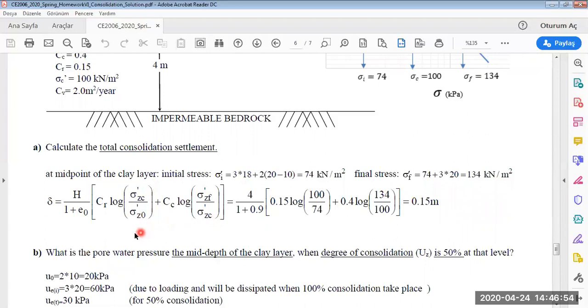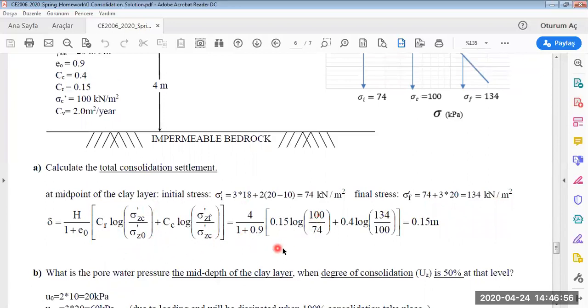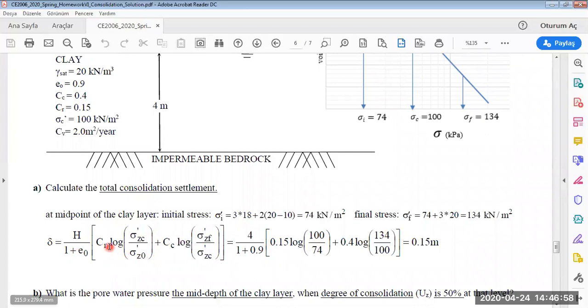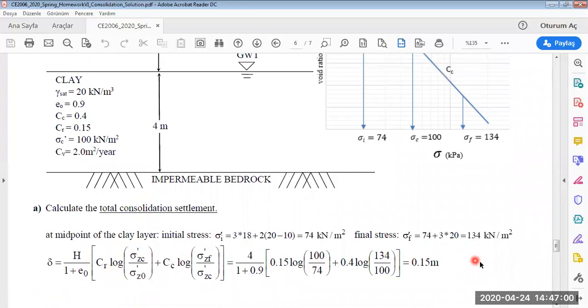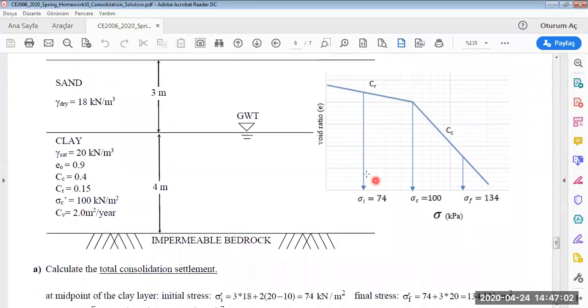Before using this formula, how do we understand to use CR and CC both? In this graph, we plot and write our stress levels. One of them is here, one of them is here. So for this part, we will use these coefficients, and for this part, we will use these coefficients.